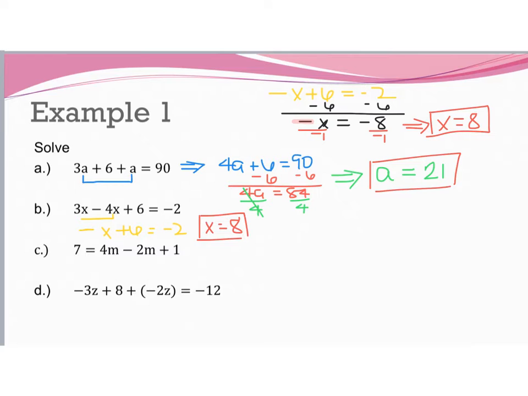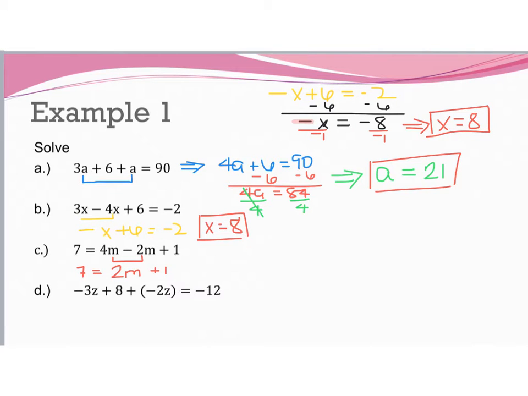All right, for part C, we have 7 equals 4m minus 2m plus 1. I can combine this, and we have 7 equals 4m minus 2m, which gives me 2m plus 1.